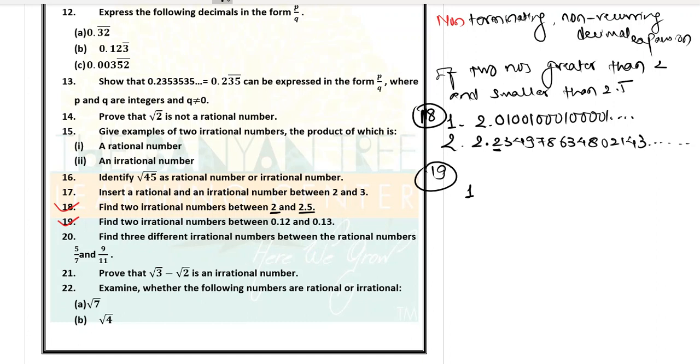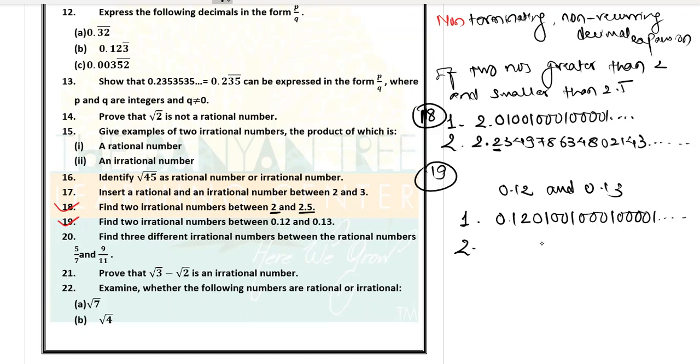The first number between 0.12 and 0.13 will be 0.1201001000100001, and so on. It is clearly greater than 0.12 and smaller than 0.13, and it is non-terminating and non-recurring. That's why it is an irrational number.